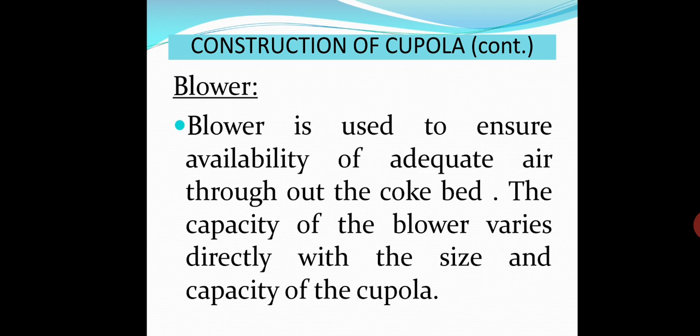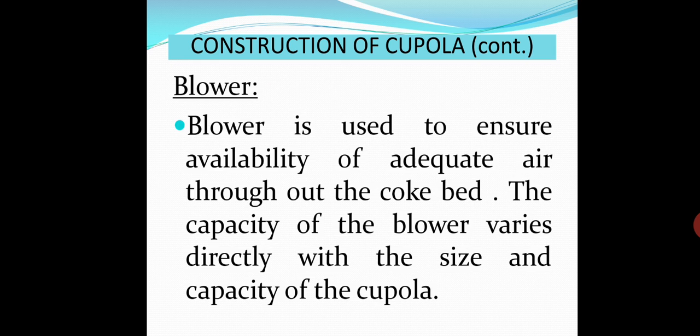I have already told you, the blower is used to create vacuum, to attract air and force the air into the wind belt. The blower is used to ensure availability of adequate air throughout the coke bed.